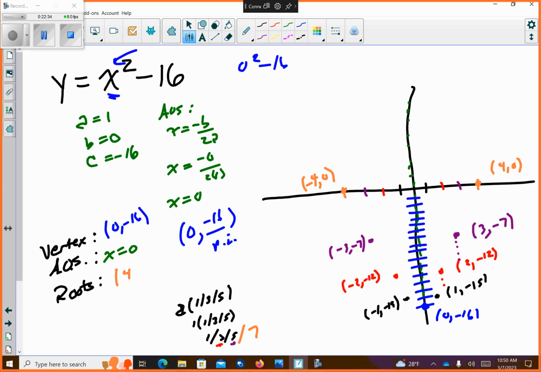Those are both roots. And take a look at our parabola. And there it is.